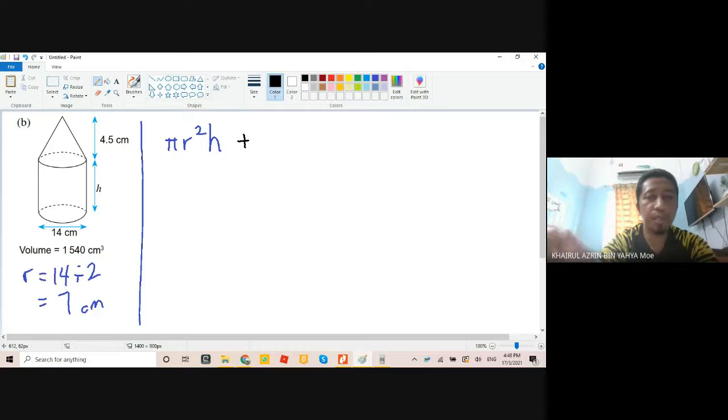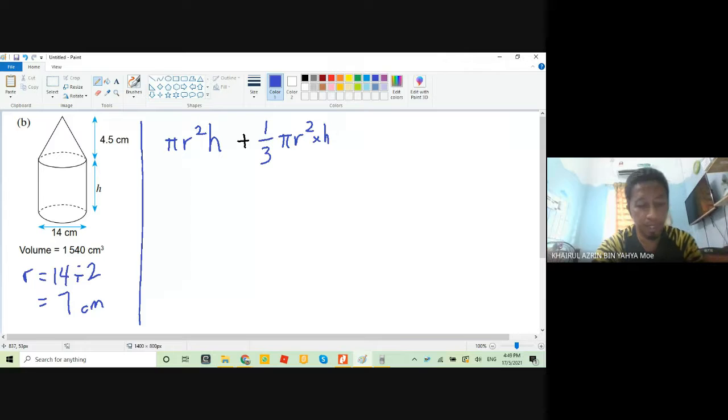Plus for the cone, the formula is 1/3 pi r square times h, but this time maybe I put h1 to differentiate the height of the cylinder and the cone, because the height is different.